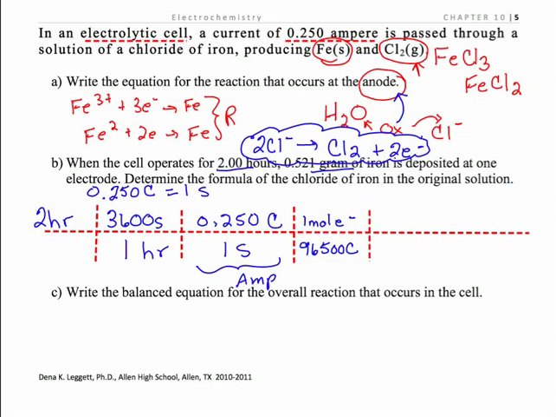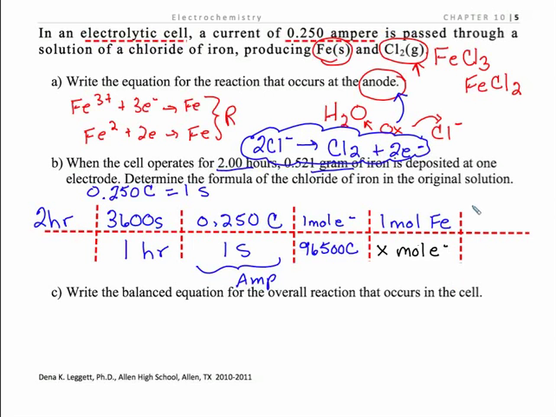Now, this is the tricky part. We have 1 mole of iron formed for every X moles of electrons. We don't know what it is, all right? And then we need grams, all right?